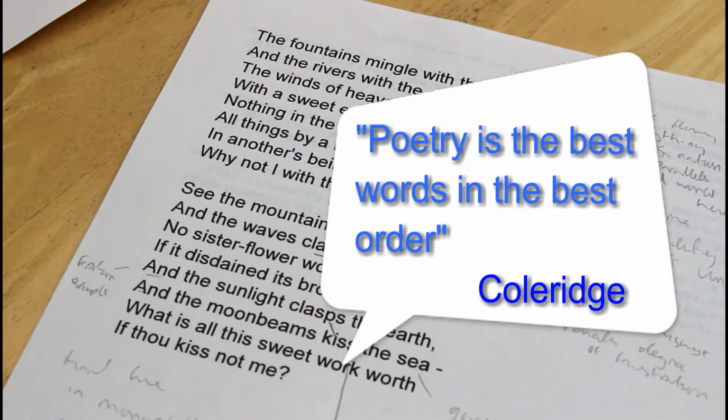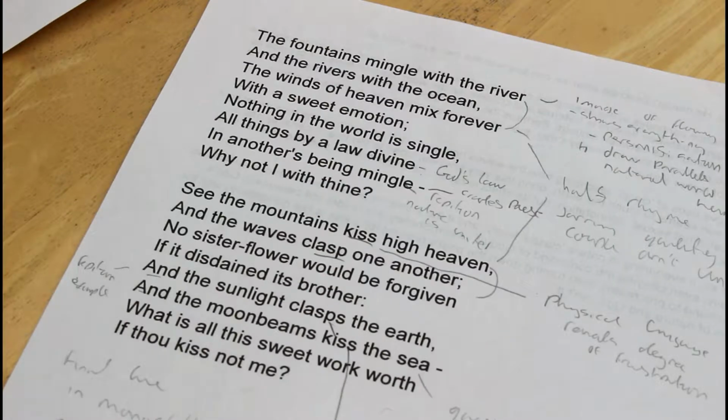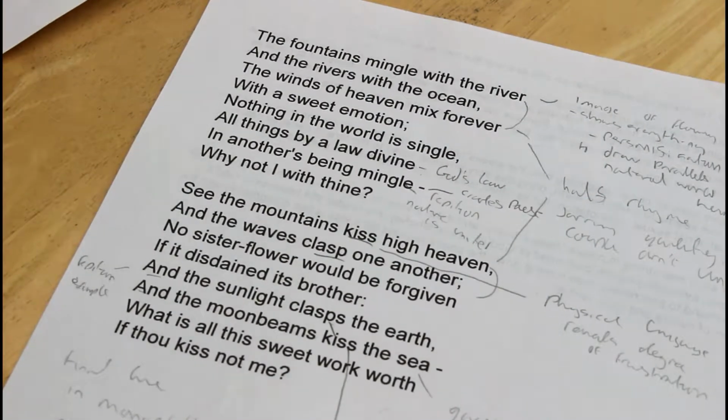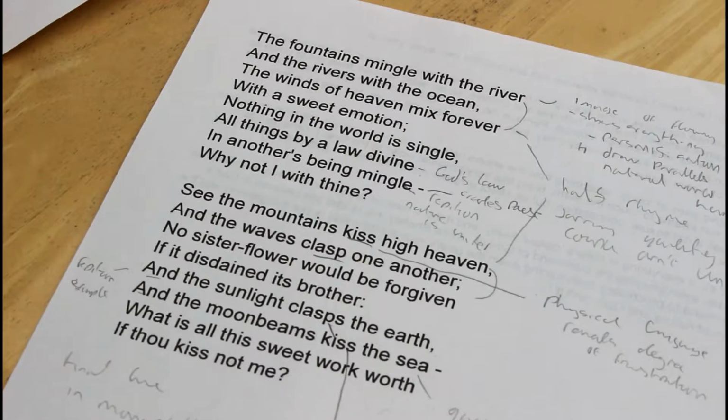In fact, we do get a lot of emphasis on personal emotions combined with a natural symmetry, which gives a whole idea of lovers' union being something that is almost universal and almost divine, which is, I suppose, the idea.